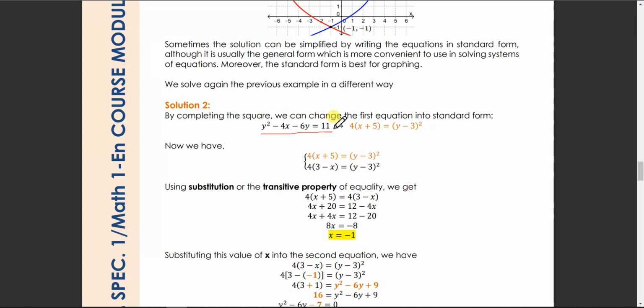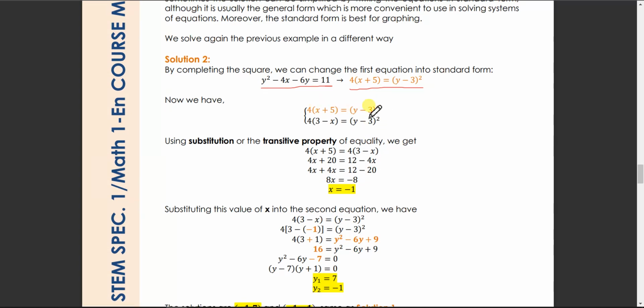So just recall those steps in finding the standard form, then we come up to this one. Okay, so our first equation will be something like this, then just copy the second equation. So this is our new equations.